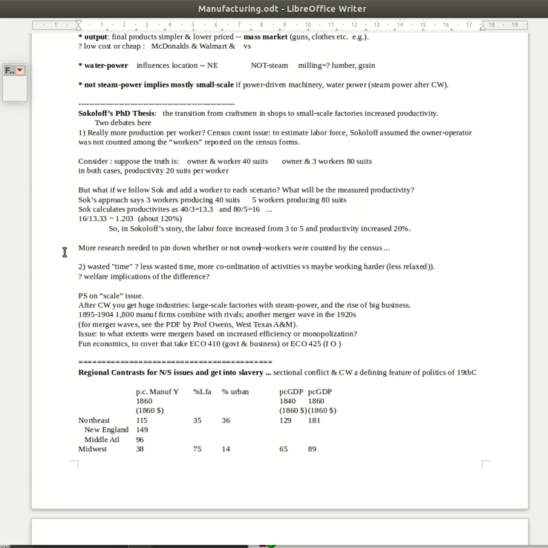Anyhow, more research is needed to pin down whether Sokoloff's got a valid result that there was increasing productivity by increasing the scale of production. The other point of interest is that Sokoloff is arguing that by having small-scale factories, there was less wasted time in the factories and more coordination of activities, and people simply working harder, which would have meant a less relaxed workplace.